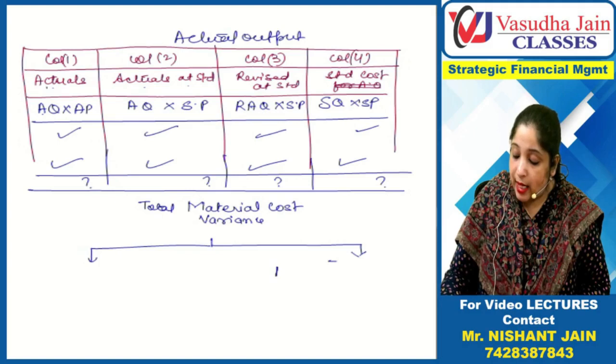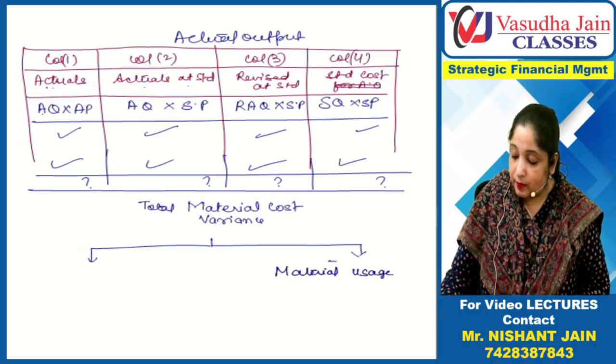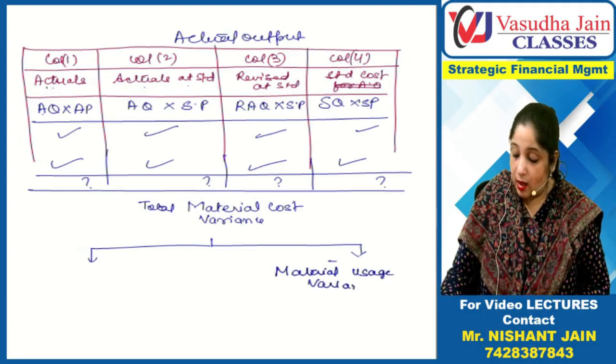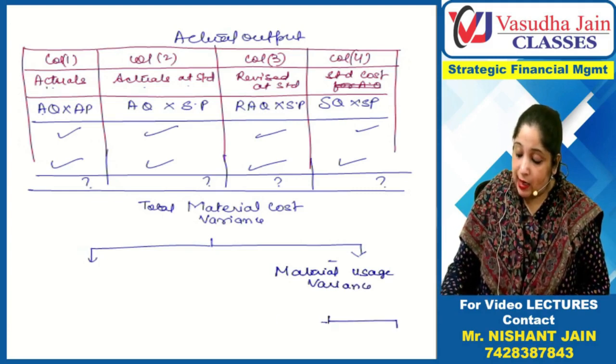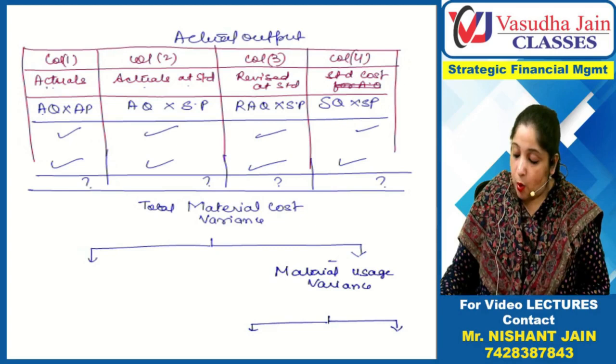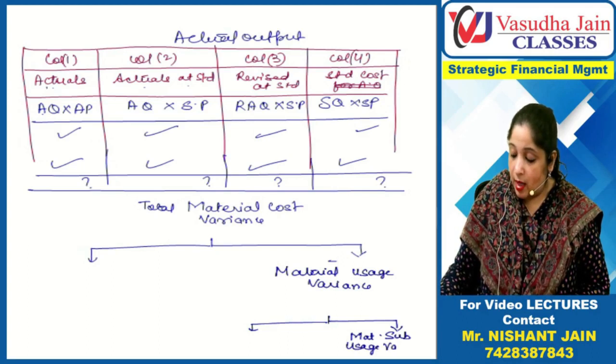His mistake was named as material usage variance, right? And his mistake was classified in two parts. One was material sub usage variance and another was material mix variance.